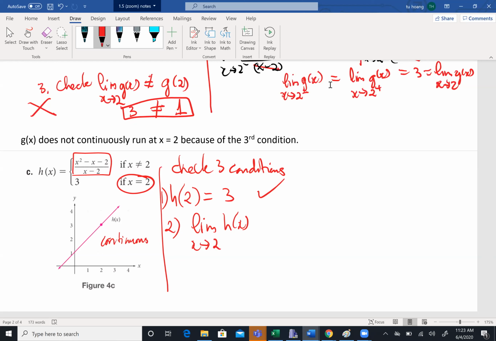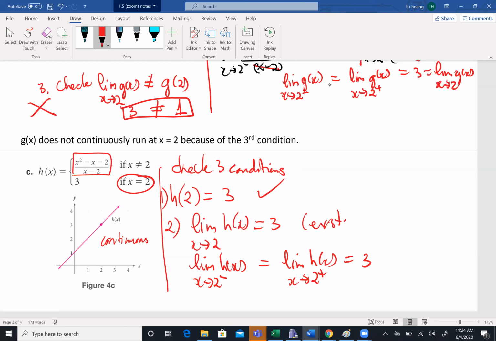I have to check the limit of h(x) when x goes to 2 from the left-hand side, whether it equals the limit from the right-hand side. According to problem B, yes, they are equal to each other, equal to 3. So the limit equals 3 and exists. Okay, certified.